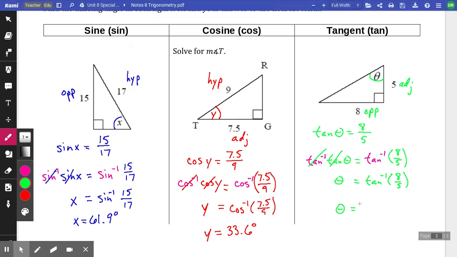So theta here is approximately 58 degrees, 58.0 degrees. Okay, and that's all there is to it. So use these notes to help you. Same idea whether you're going to use sine, cosine, or tangent, but we can use those three functions to either find missing sides or missing angles.